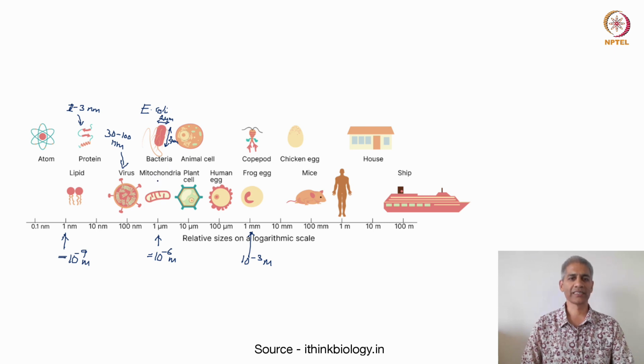And the other thing to note is that a cell organelle that we all know, which is the mitochondria, is on the same order as an E. coli cell. And that's actually a question that we should think about. Why is the size of a mitochondria equal to that of a bacterial cell? Moving on, then we go to animal and plant cells.